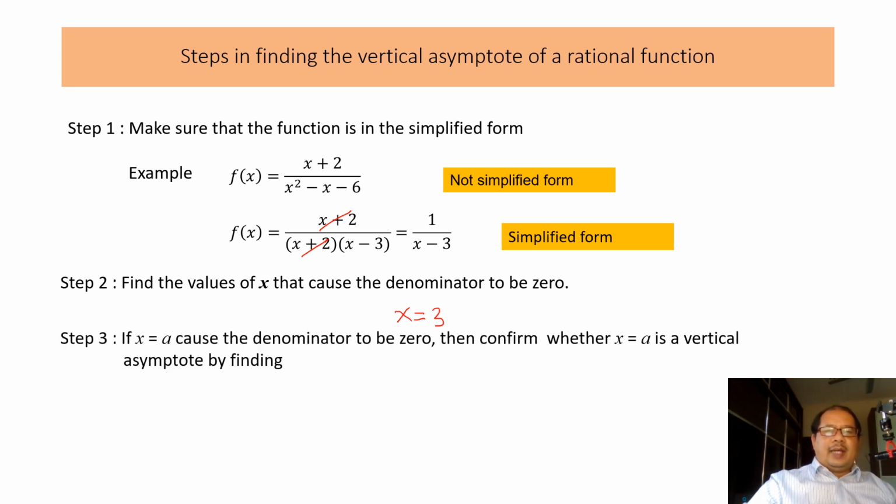Step 3, if x equal to a causes the denominator to be 0, then confirm whether x equal to a is a vertical asymptote by finding limit x approaches a from the left f(x) equal to positive or negative infinity, or limit x approaches a from the right f(x) equal to positive or negative infinity. So we have 3 steps how to find the vertical asymptote of the rational function.